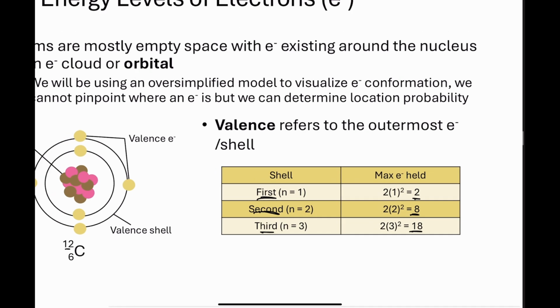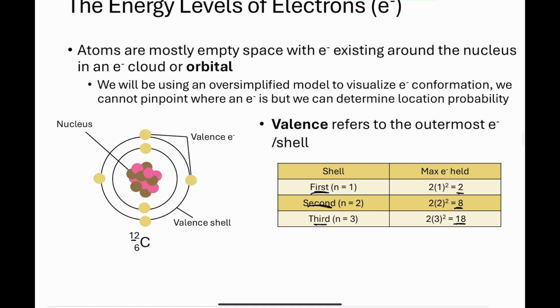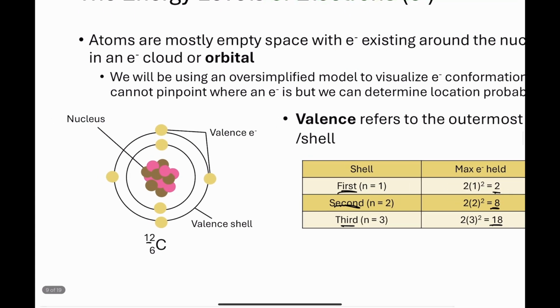So since carbon has 6 electrons, and 2 of those electrons go into the first shell, we have only 4 electrons left that can go into the second shell. But because the second shell can hold up to 8 electrons, our shell is not complete.